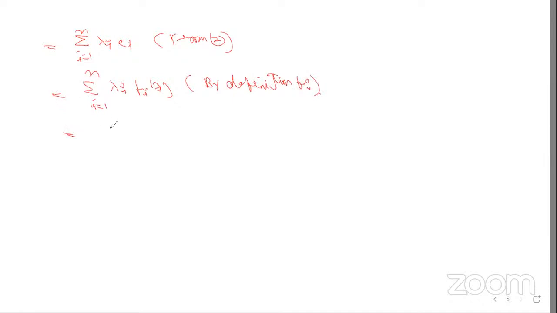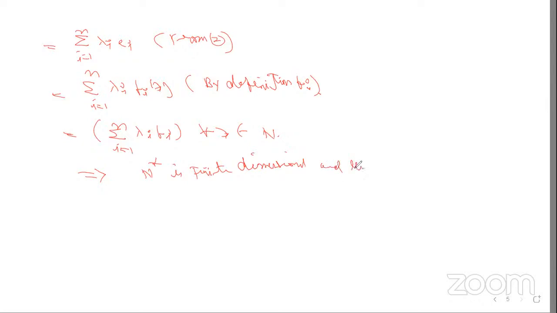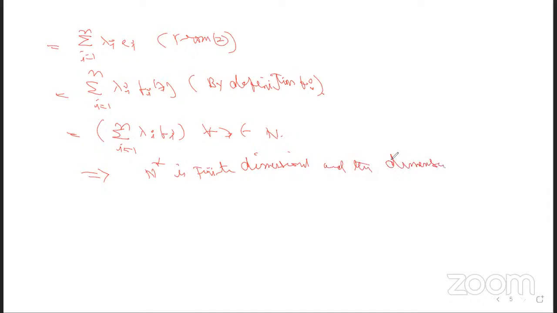So that equal to sigma i equal to 1 to n lambda i fi for all x belongs to capital N. So this shows that N star is finite dimensional, and the dimension is n. Hence proved.